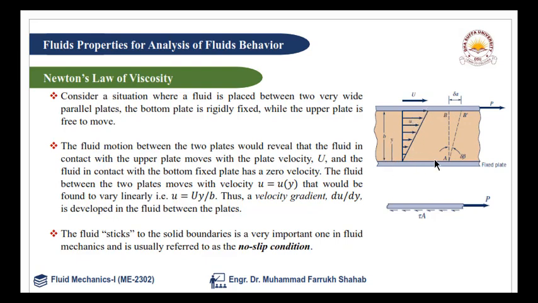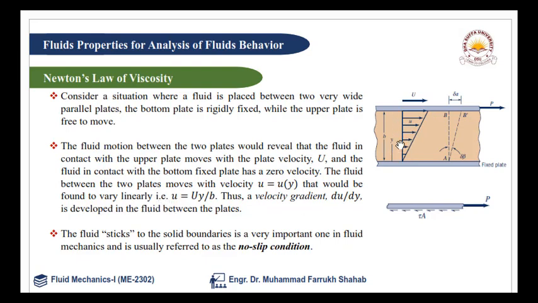So what is happening? This shows that if I draw a y axis on this figure, the velocity u is a function of y, which means that u, the velocity of the fluid, is variable. It is changing with respect to y. If this line is linear, the velocity gradient can be represented by du upon dy.